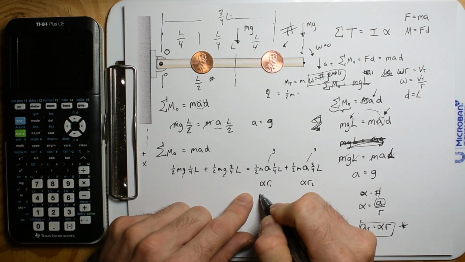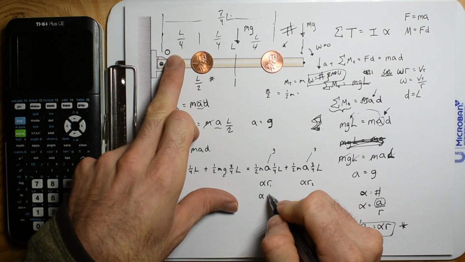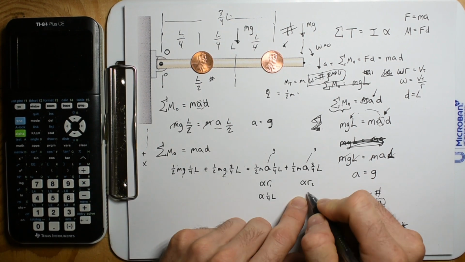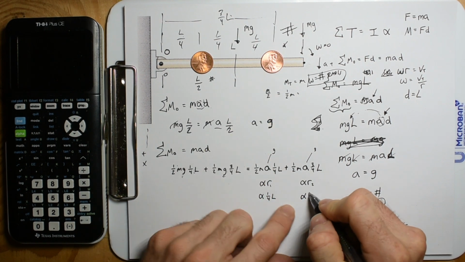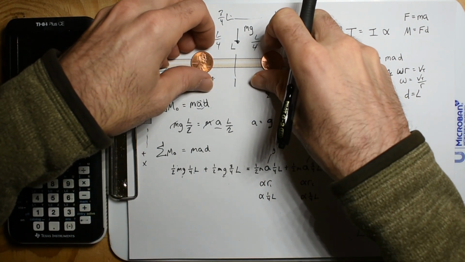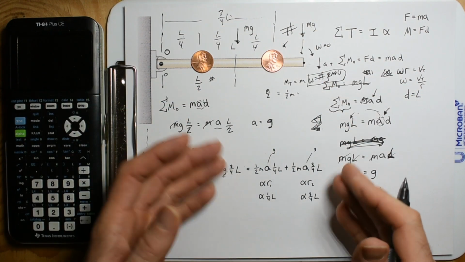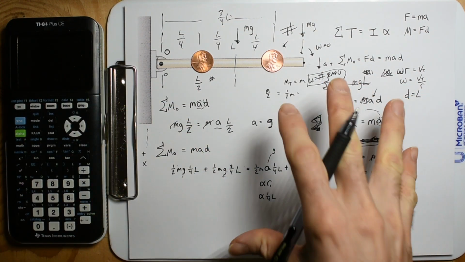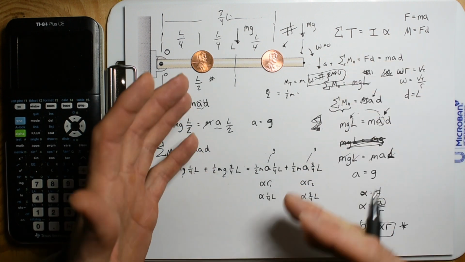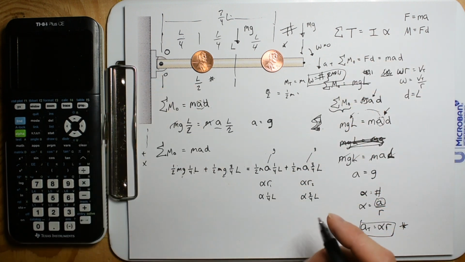So right here we could put alpha, and the distance is going to be 1/4 L. And then here we put alpha, and the distance is going to be 3/4 L. We should just solve this, and then let me show you the way that I did kind of a guess and check method.